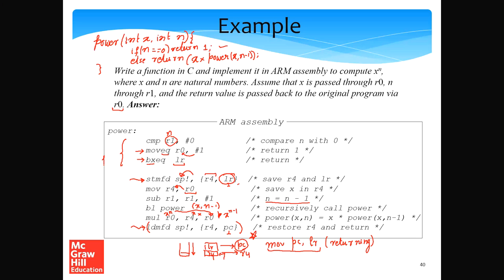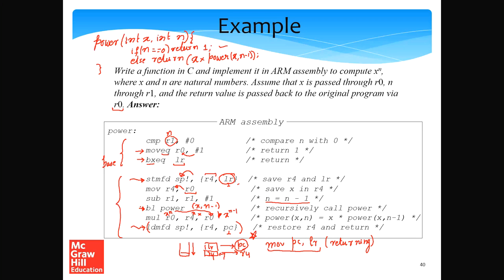To take care of the recursive case, we decided that we have to call other versions of the power function. To call other versions of the power function, we have to save and restore some registers, because particularly register R0 is containing an argument and is also supposed to contain the return value. So we again have two options, caller saved and callee saved.